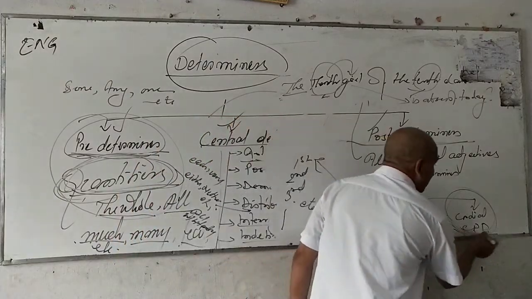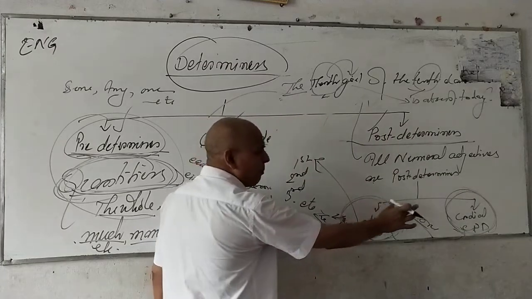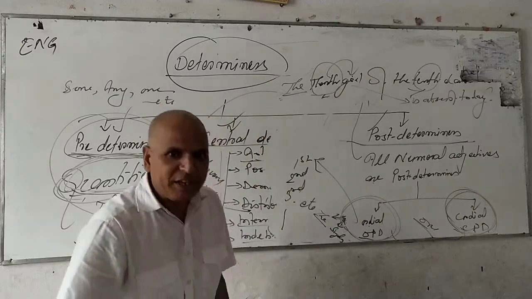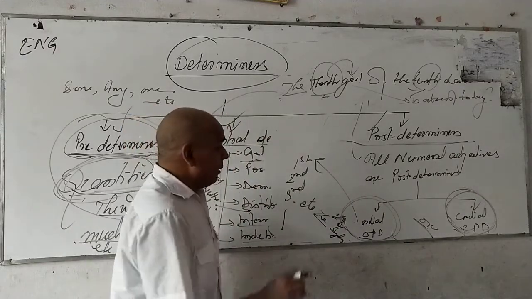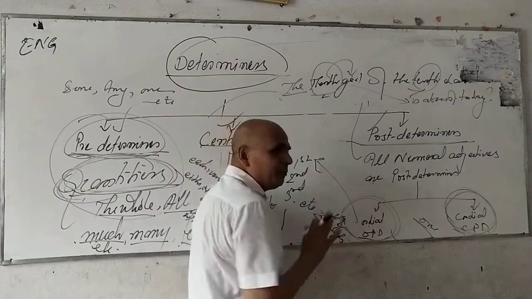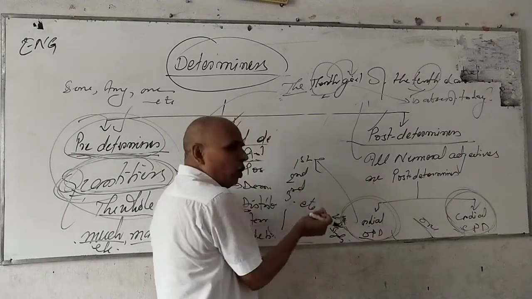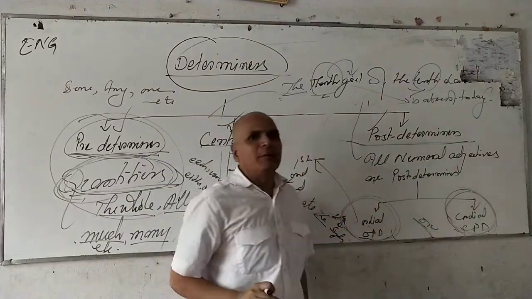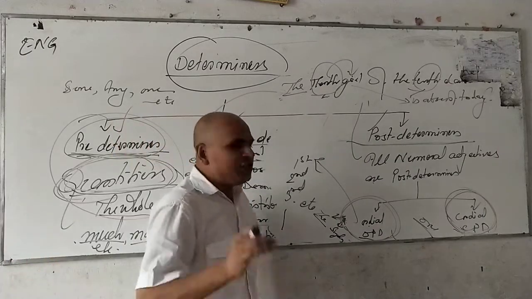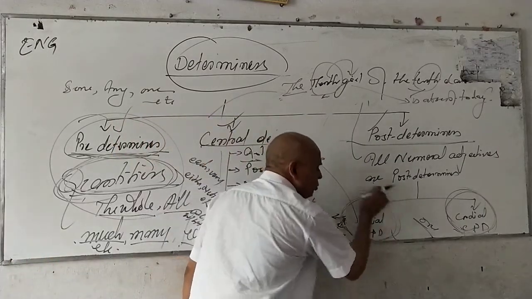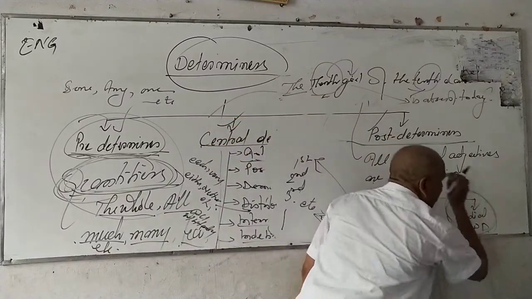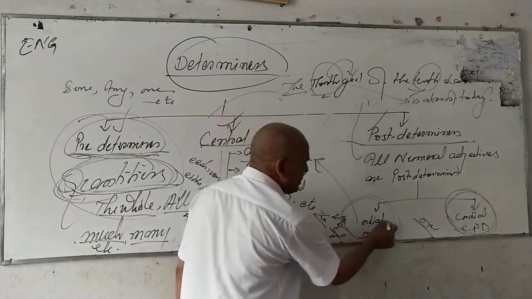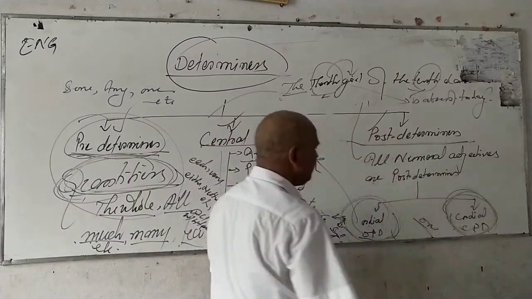And here there is no need to use the definite article. So this CPD is just the opposite of OPD. In syntax, by putting the definite article the, we can create the difference. Ordinal post determiner is always bound to take the definite article the. Cardinal never takes the definite article the. And secondly, there is a syntax difference: one is always singular syntax and the other is always plural syntax. So two types of differences are there between OPD and CPD.